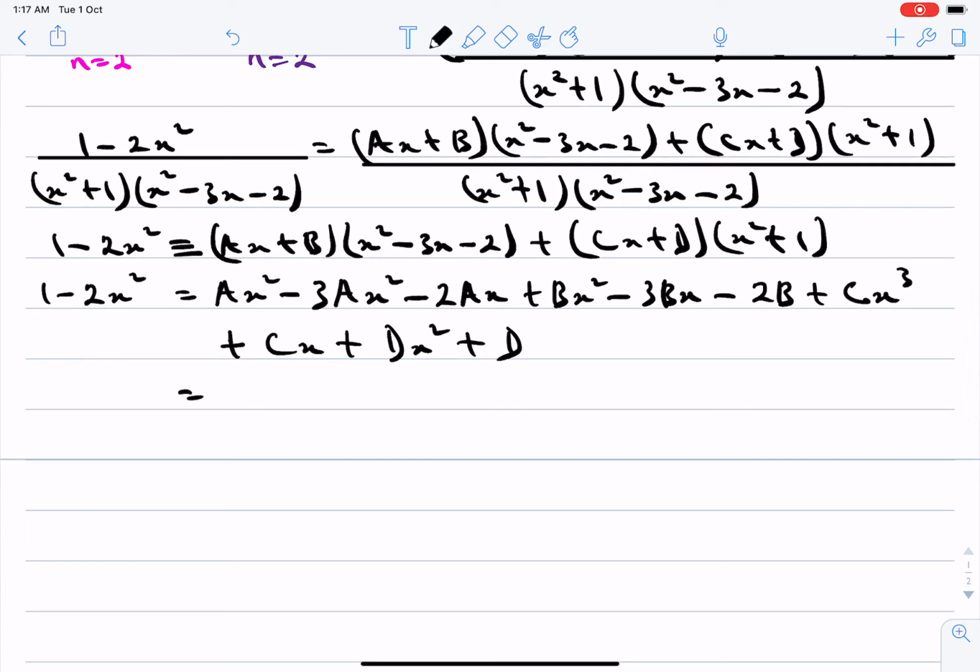Now I want to collect like terms on the right hand side.